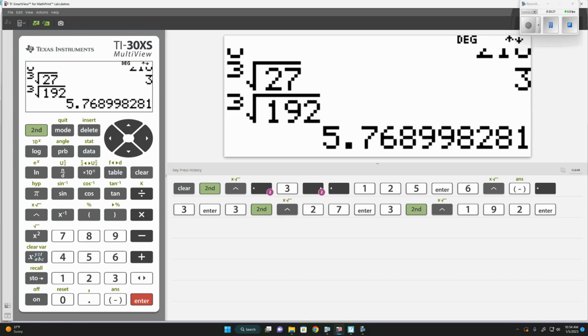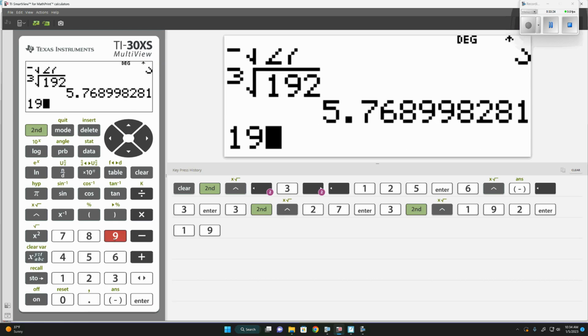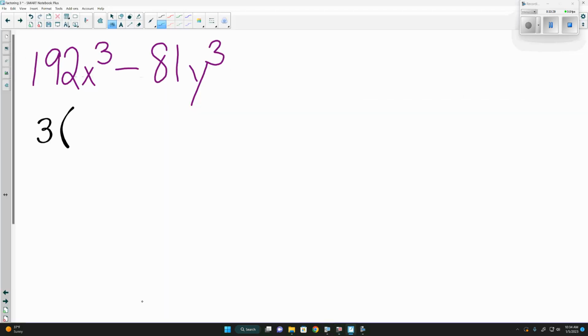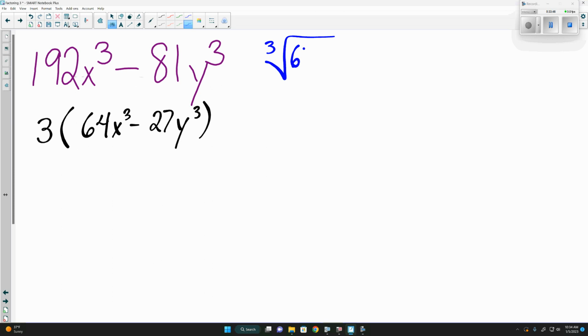So we're going to divide 192 by 3 and get 64. 81 divided by 3 is 27. Now, if we do the check this time, cubed root of 64x to the third, well, we know the cubed root of 64 already is 4, and we'd have x.